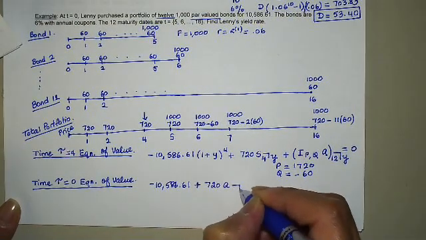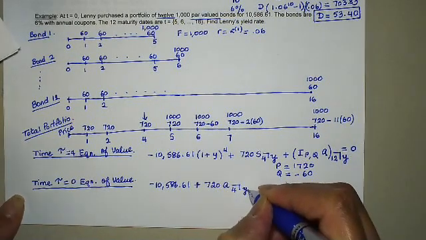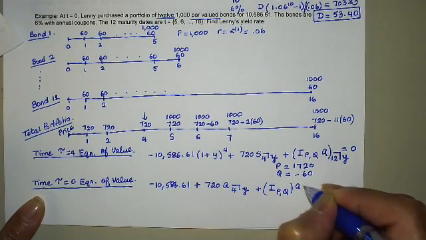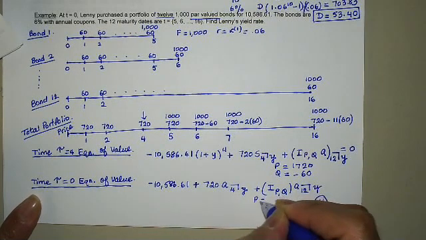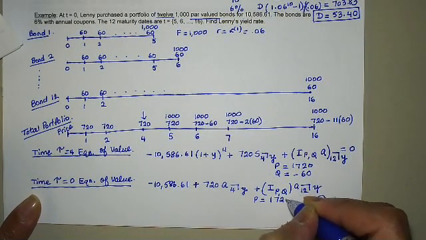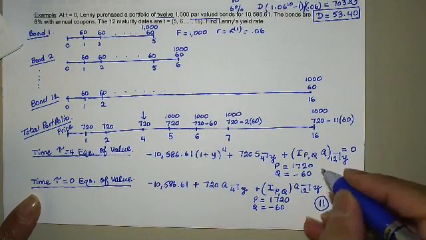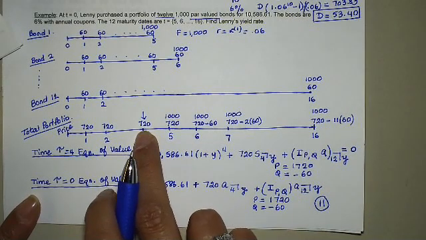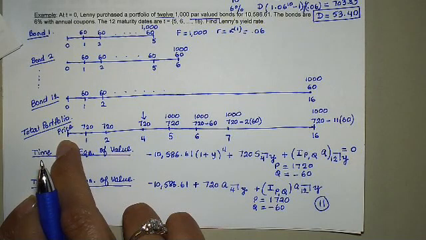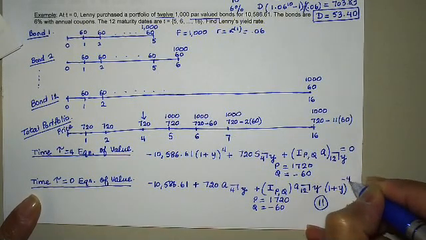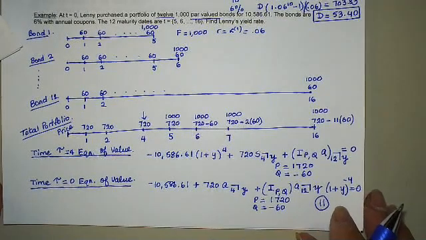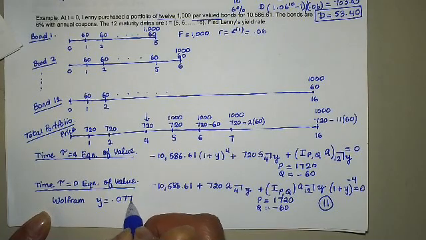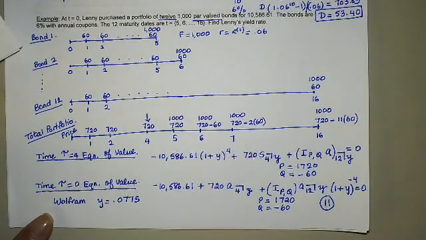Plus, now it's positive because the coupons are coming in, 720 a angle 4 at y, plus the P-Q annuity angle 12 at y, where P equals 1,720 and Q equals minus 60, but this time I have to discount it because this present value is at time 4 and I have to bring it back. 1 plus y to the minus 4 equals 0. Solving gave me y equals 0.0775.